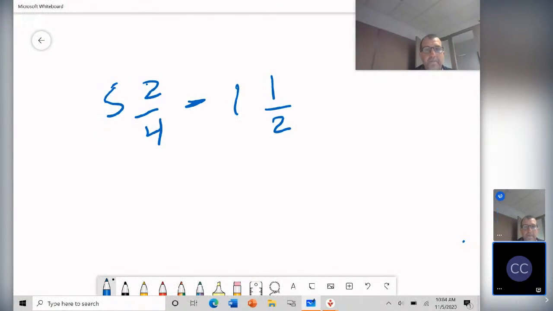Well, the first thing we're going to have to do, we can't subtract it like that, but we're going to have to convert these mixed numbers. And the reason they're mixed is because they have a whole number and a fraction.